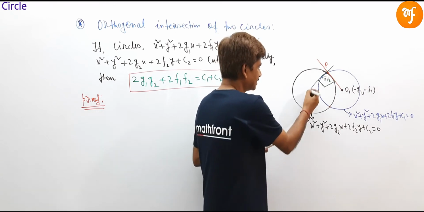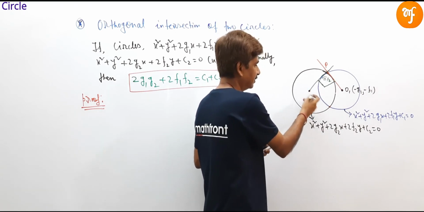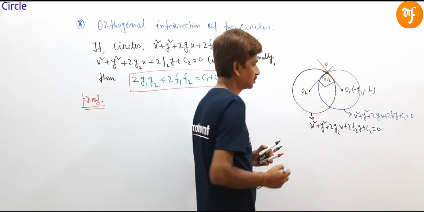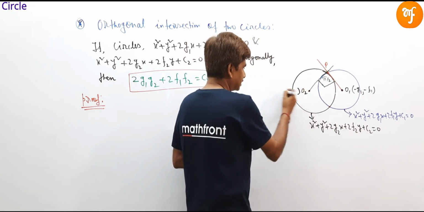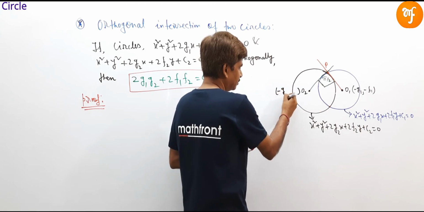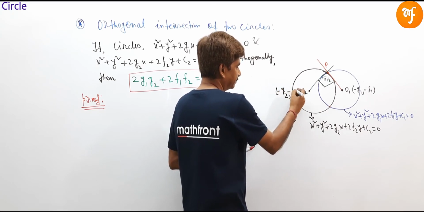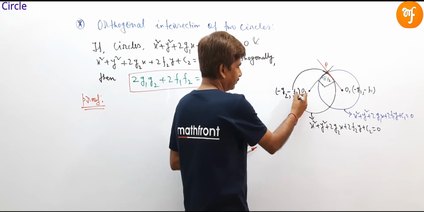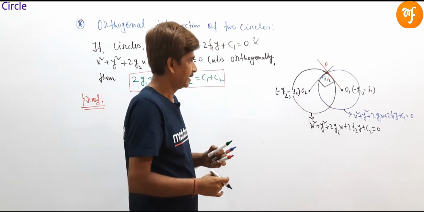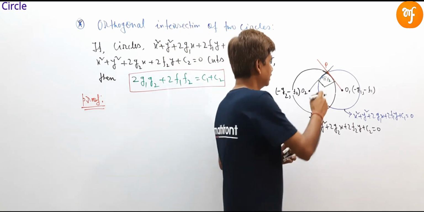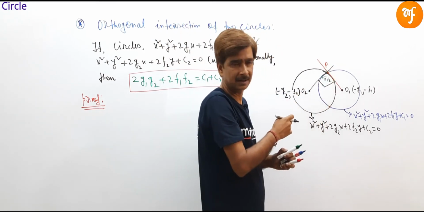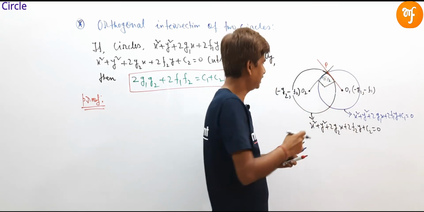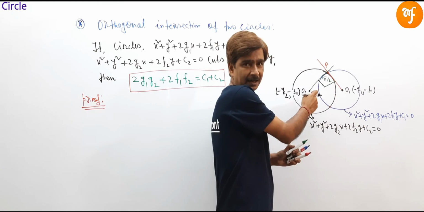And suppose this is the center of this circle, give the name O2, and coordinate of it will be minus g2 comma minus f2. Okay? Clear? It is clear to us this green color tangent, that is tangent to this blue color circle, will be passing through the center O2.